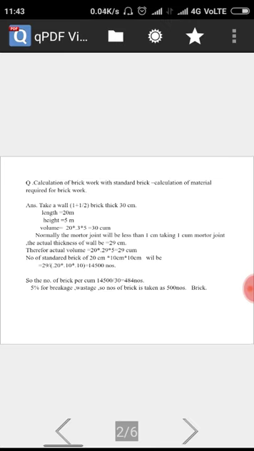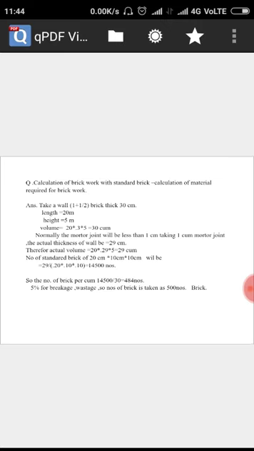Normally the mortar joint will be less than 1 centimeter. Taking 1 centimeter for the mortar joint, the actual thickness of the wall will be 29 centimeter. Therefore the actual volume will be 20 into 0.29 into 5, that is 29 cubic.